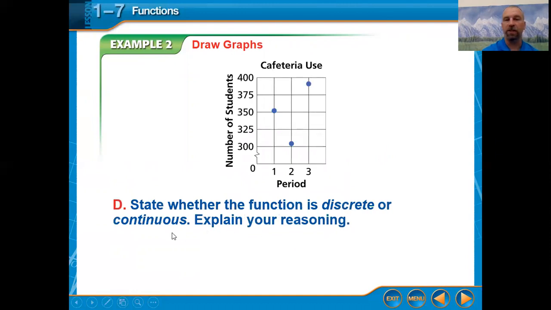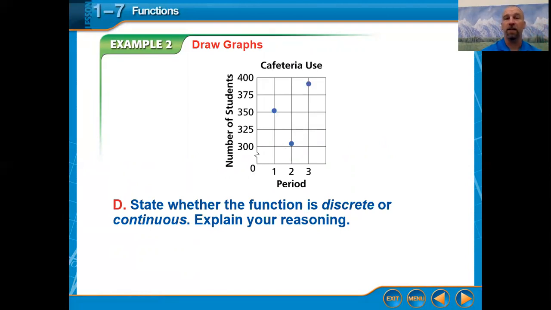Here's that word discrete and continuous. Discrete and continuous graphs determine whether or not you draw a line or if it's just points. Discrete is dots, D D. If you just have points on the graph, it's a discrete function. Continuous means you connect those points with a line, like that picture we saw earlier.